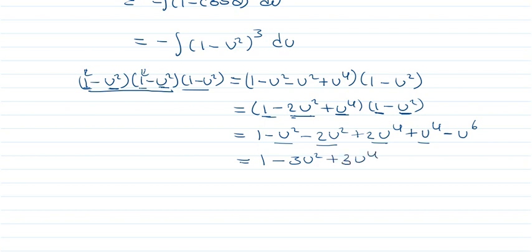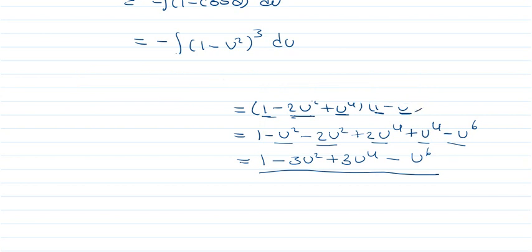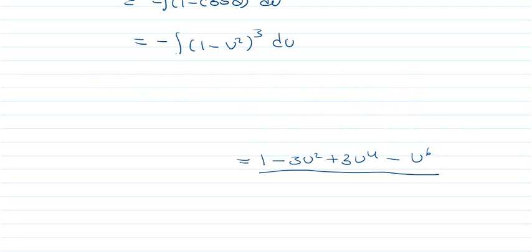Then this u power 6 is all alone, so we're going to have negative u power 6. So this is the expansion of what we have on the left hand side. With this, we can now replace in our main function, where we will say we have the negative integral of 1 minus 3u squared plus 3u power 4 minus u power 6 du.